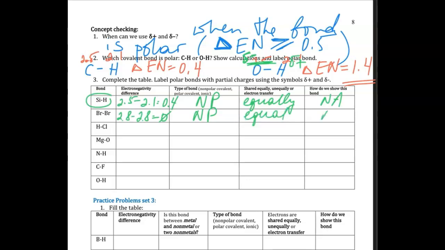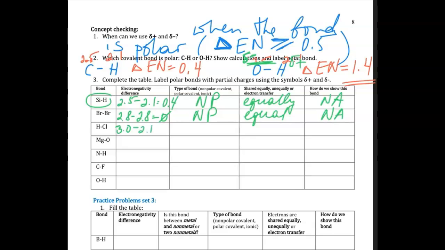Let's do another one. Bromine and bromine, the difference is 0, so the bond is non-polar, equal sharing. We consider it non-polar, that's why no charges at all.